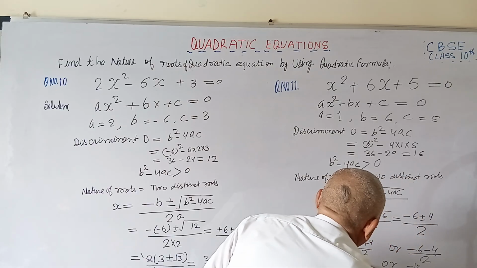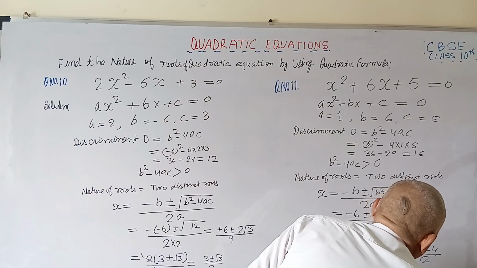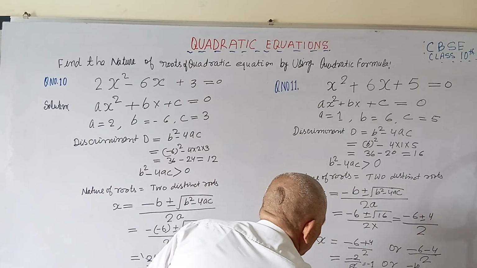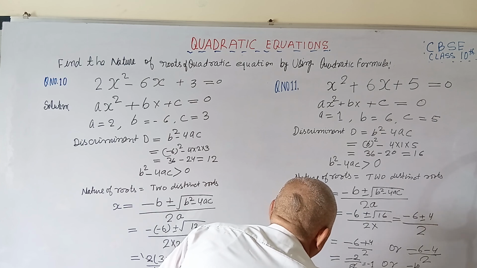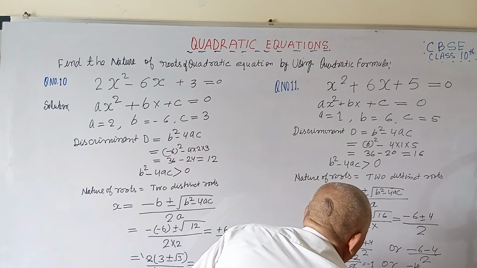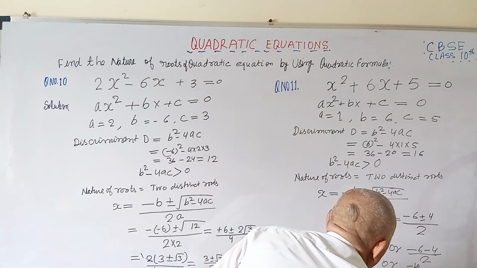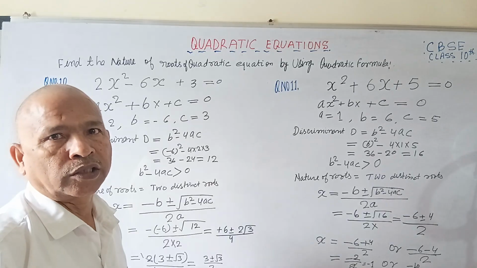That is 2 ones are 2, minus 1, and 2 fives are 10, that is minus 5. So the roots are minus 1 and minus 5. So in this way the question is solved.